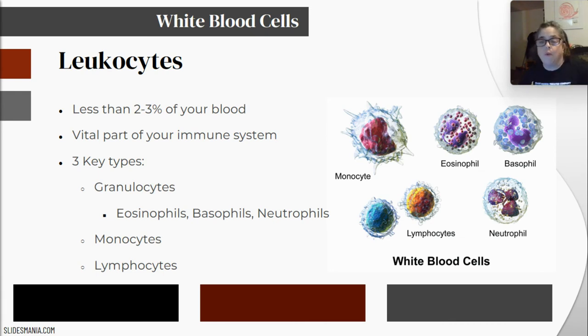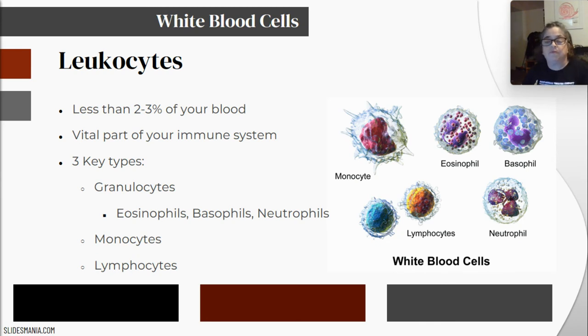So these white blood cells, the key job that they do is fight infections. So they make up, as I said, a small but vital part of your immune system. These neutrophils help fight bacterial and fungal infections. Basophils, not exactly as well known, but they're in the fight too.